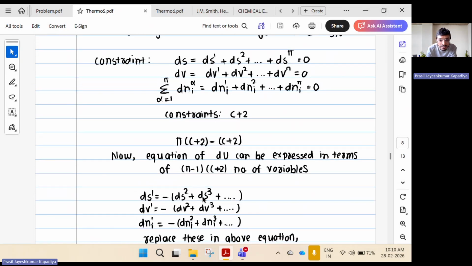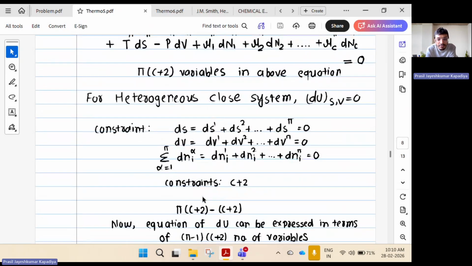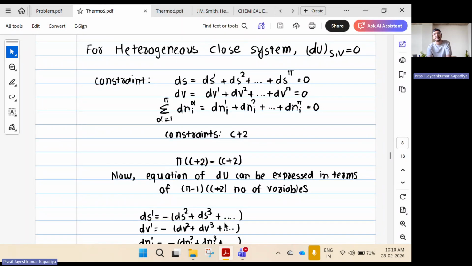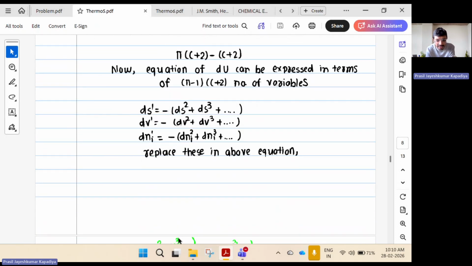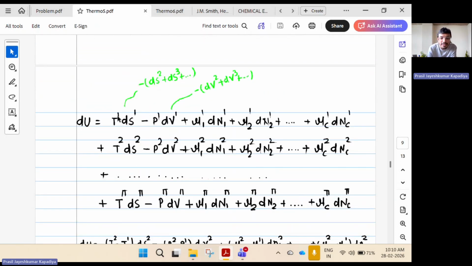Because when we are replacing, let's say, dS1 is equal to minus of (dS2 plus dS3 plus up to so on), dV1 is equal to minus of (dV2 plus dV3 up to so on), and dn_i1 is equal to minus of (dn_i2 plus dn_i3 up to so on). So when we replace these, let's say this was my original equation that I wrote earlier.